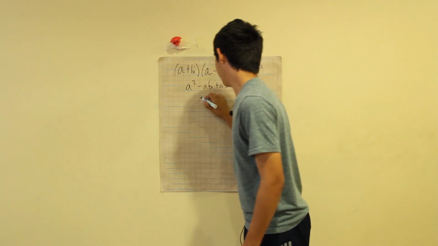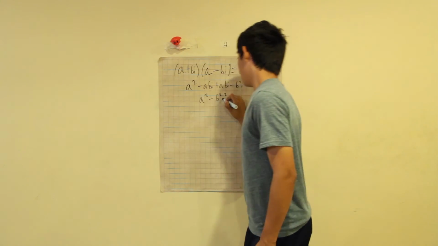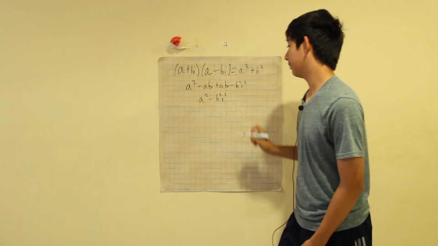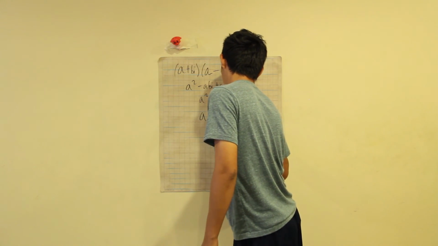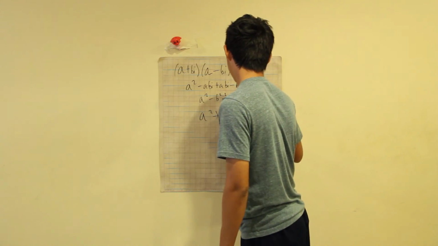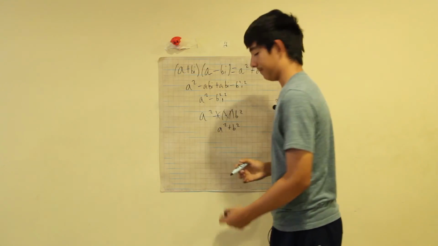Now when you simplify this, you get a squared minus b squared i squared. And as we learned when we went over the cycles of i, i squared is equal to negative 1. So this becomes a squared minus negative 1 times b squared. And these cancel out, and you get a squared plus b squared.